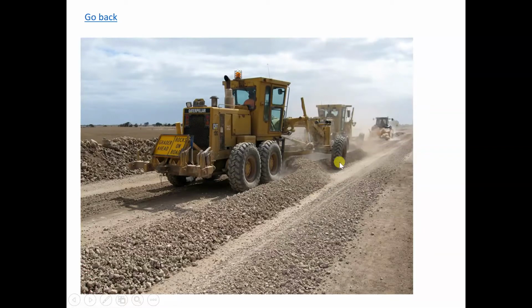When the road is irregular, maybe deformed, or has a lot of cracks, a lot of deformation, a lot of sinking here and there, they can spread a new layer of aggregates, and then the roller will come and do the compaction.